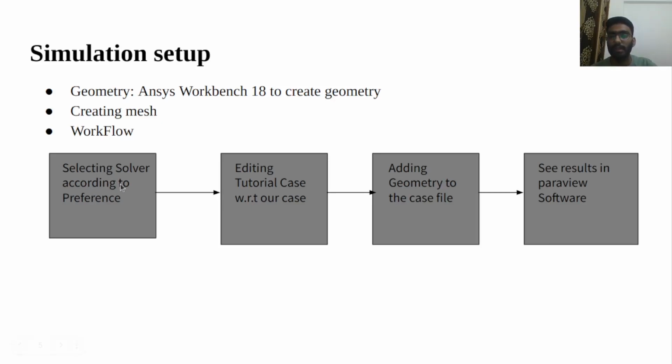We will select a solver and edit the tutorial case, including boundary conditions, add the geometry to the case file, and see results in Paraview software. We will see these things later. So let's start with geometry.